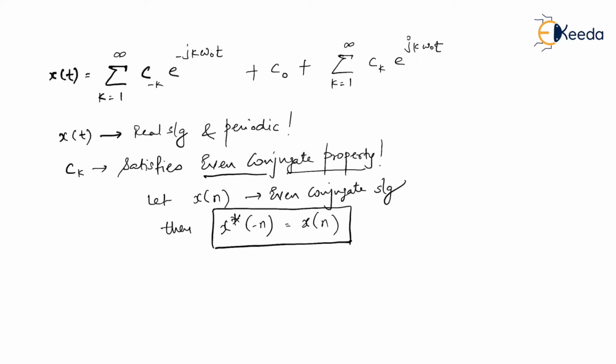I want to express my even conjugate property in terms of ck. In that case, I can rewrite this as c minus k conjugate equals ck. I hope you understood my point. I wanted to express ck as an even conjugate set, so ck must satisfy this property, that is c conjugate of minus k should become equal to ck.